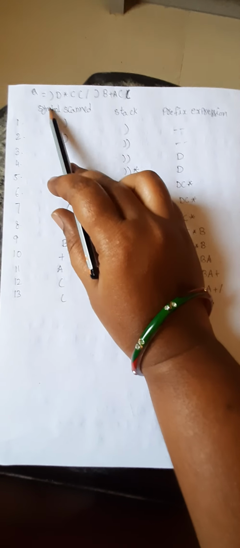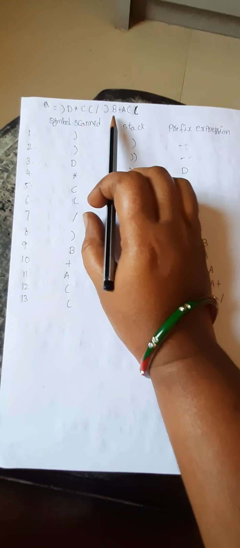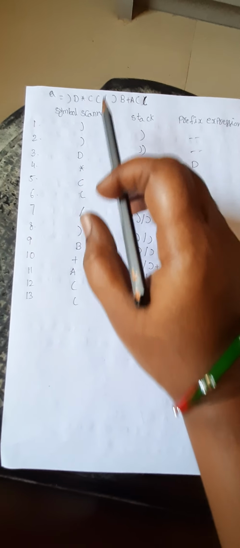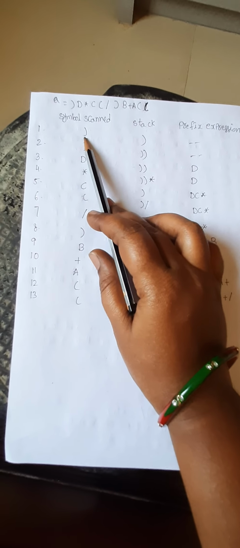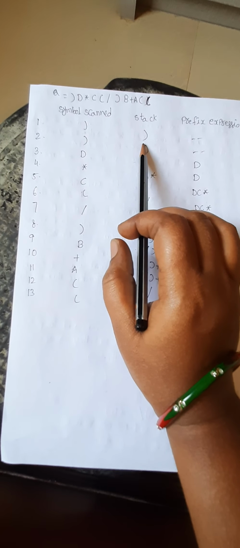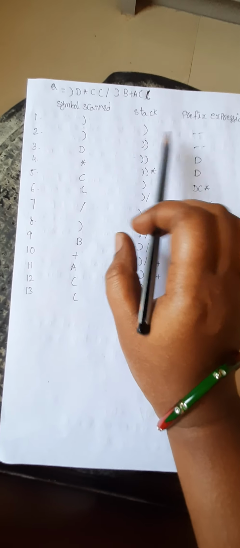See this example, how this will be scanned. This is the expression we have written in reverse order, that is, we have written it in the prefix order. And see the symbols, how it will scan: first it will scan the right parenthesis, and it will be pushed into the stack.